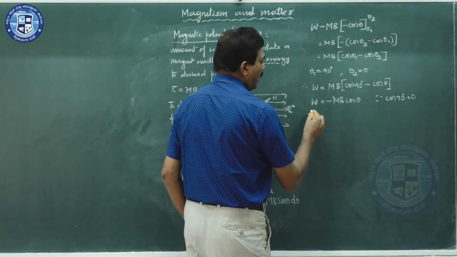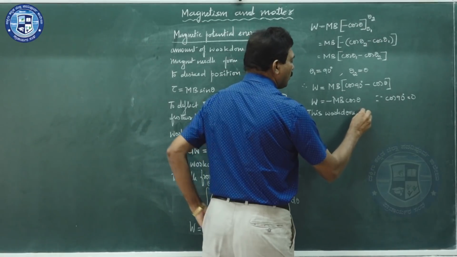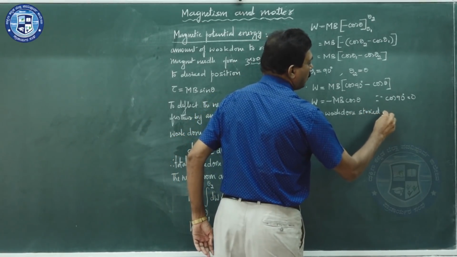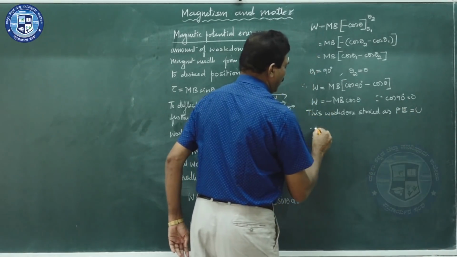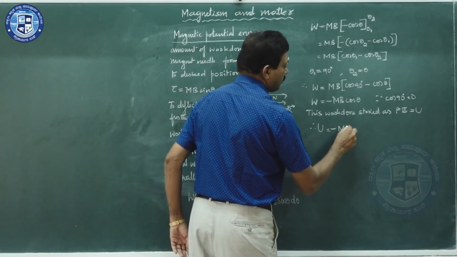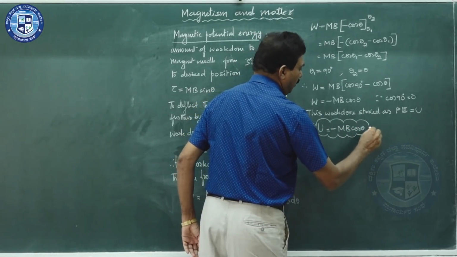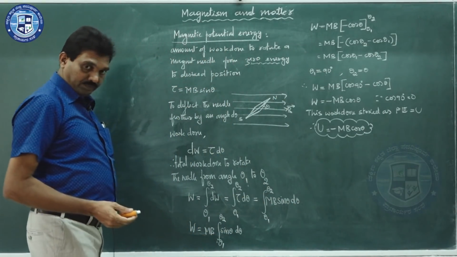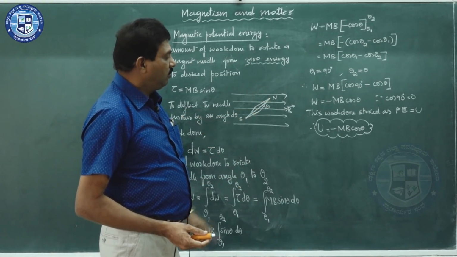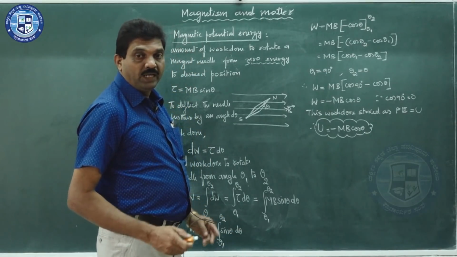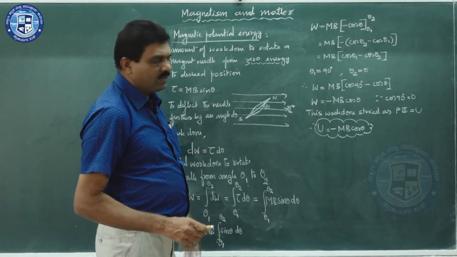This work done is stored as potential energy, say U. Therefore, potential energy is equal to minus mB cos theta. This is the formula for the potential energy stored in a magnetic needle. So U is equal to minus mB cos theta. When it is deflected to an angle theta, you get this potential energy.